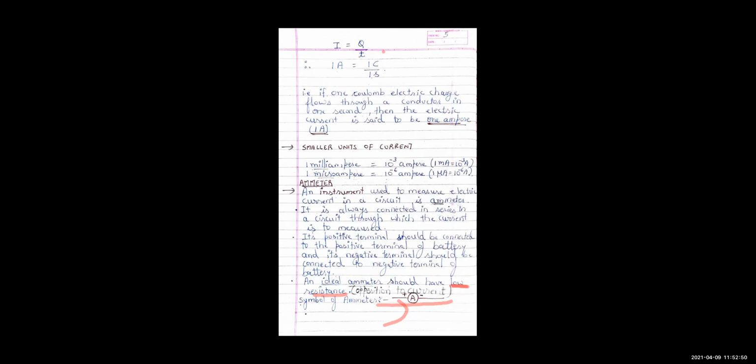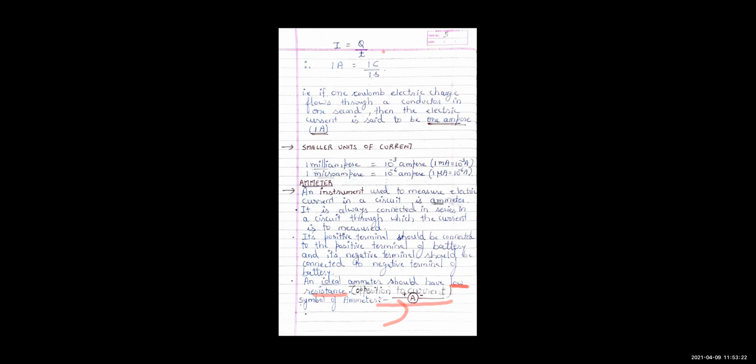मतलब जो आदर्श ammeter होगा उसका resistance कैसा होना चाहिए? Low. क्योंकि बेटा if its resistance is low, it will allow the current to pass through it, and once it allows the current to pass through it, फिर तो measure करके बता पाएगा ना, then only it will be able to give accurate reading of the current. So this question is very important, that what is the resistance of an ideal ammeter? Ammeter measure करेगा current, and it will measure current once the entire current passes through it.